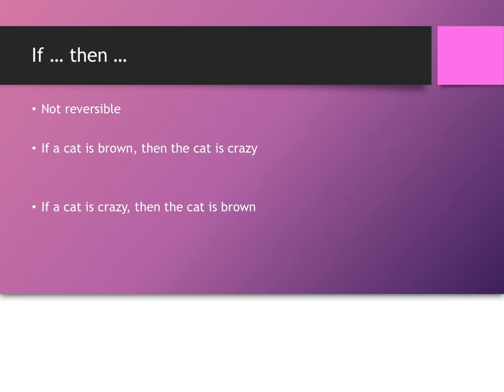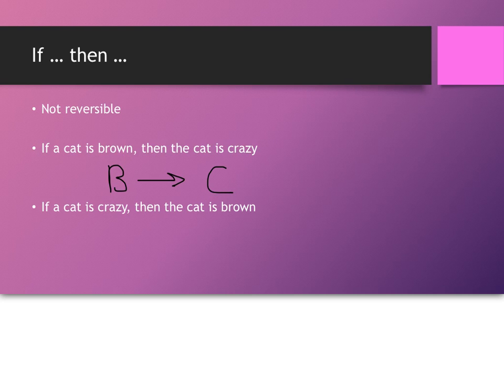However, those statements are not reversible. Okay? So let's take another example. If a cat is brown, then the cat is crazy, is not the same statement as saying, if a cat is crazy, then the cat is brown. All right? So, in this case, brown is forcing us to be crazy.